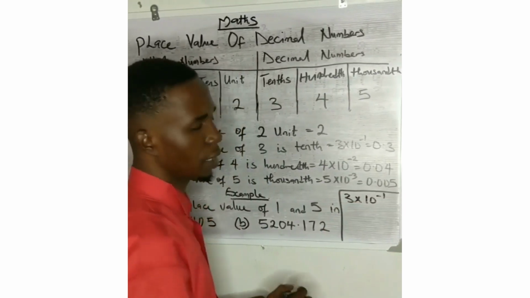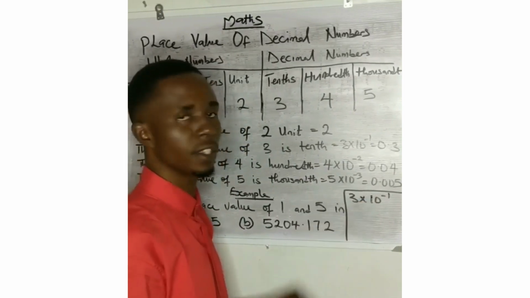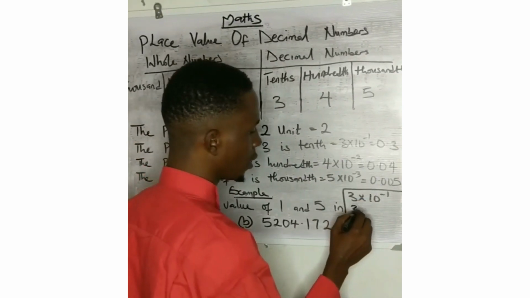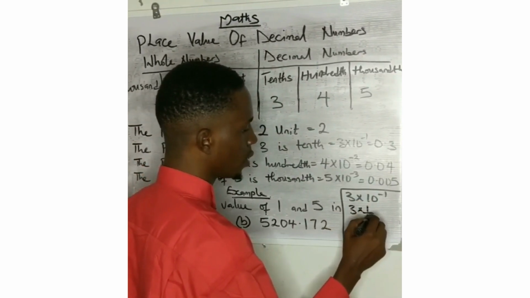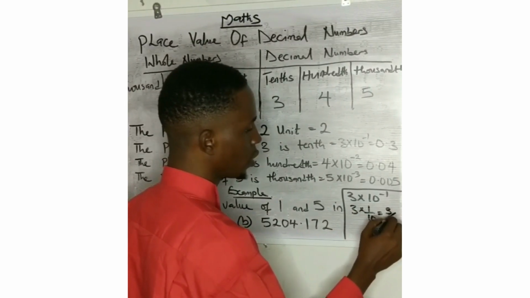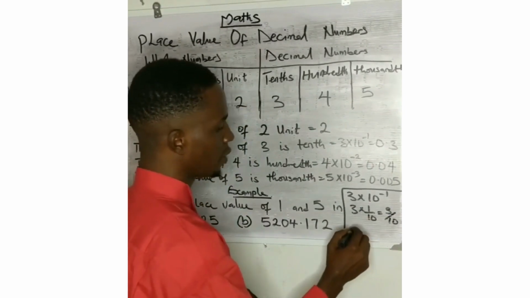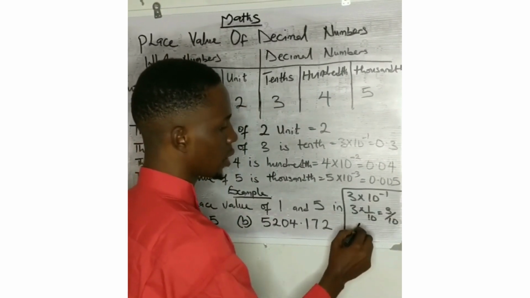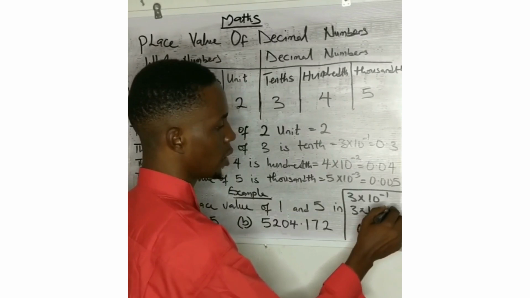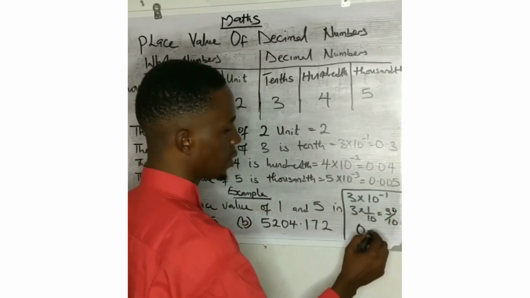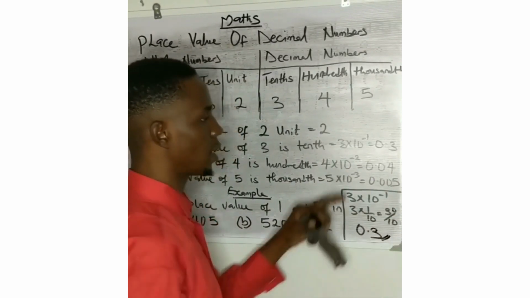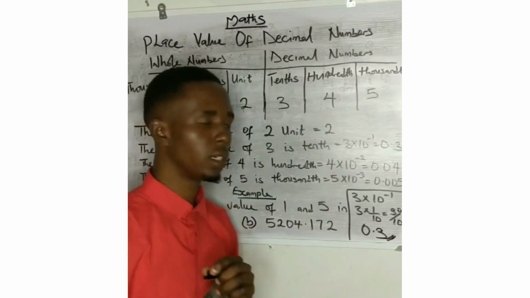For indices, to remove this negative sign, it becomes 3 times 1 all over 10. This gives us 3 over 10. Converting 3 over 10 to decimal, 10 in 3 cannot go, so you have 0 point, you add 0, and in 30 you have 3. This is how 0.3 is gotten.